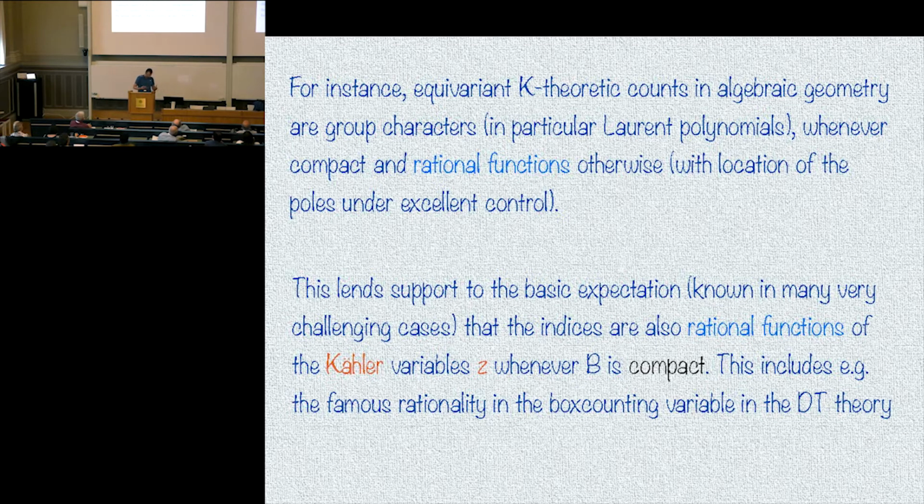It's the Euler characteristic of some sheaf. If everything was compactly supported, this Euler characteristic is just some virtual representation of the symmetry groups, so it's a polynomial in the covariant variables. And if it was not compactly supported, then it will still be a rational function with very well understood poles. And then in particular, the very first consequence of this three-dimensional mirror symmetry says that the dependence on the Kähler variables should also be rational.